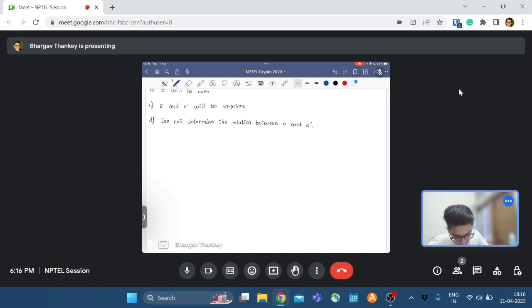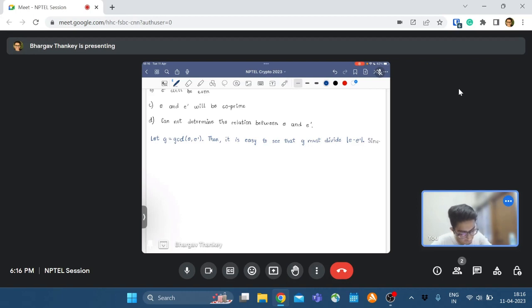Let's see why. Let G be the GCD of E and E prime. Then it is easy to see that G must divide the absolute value of E minus E prime.